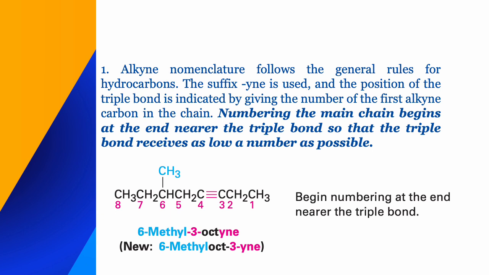But if we use the other end of the structure, the carbon-carbon triple bond will occur between carbon 5 and 6. So the most appropriate way of numbering the carbons is from right to left, because the number assignment would be lower for the triple bond compared to using the other side.